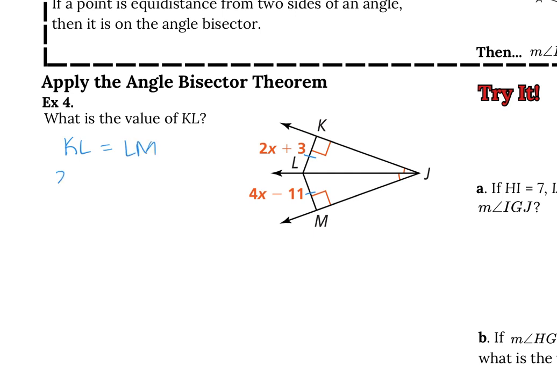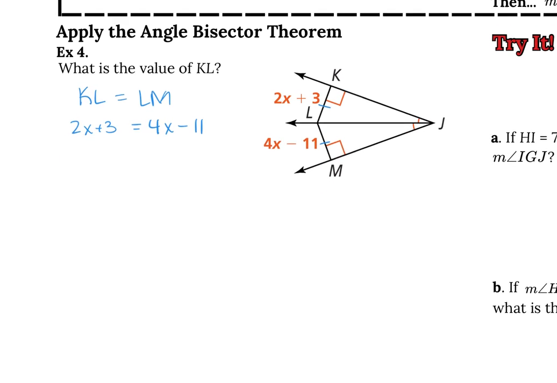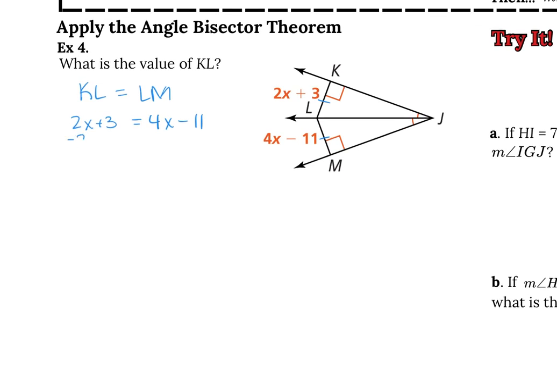So then I would take 2x plus 3 and set it equal to 4x minus 11. And now I'll solve for x. So I'll move a variable over. Add my 11. And then divide by 2.